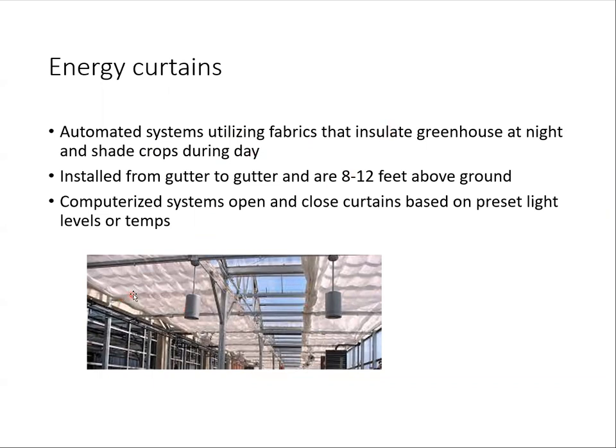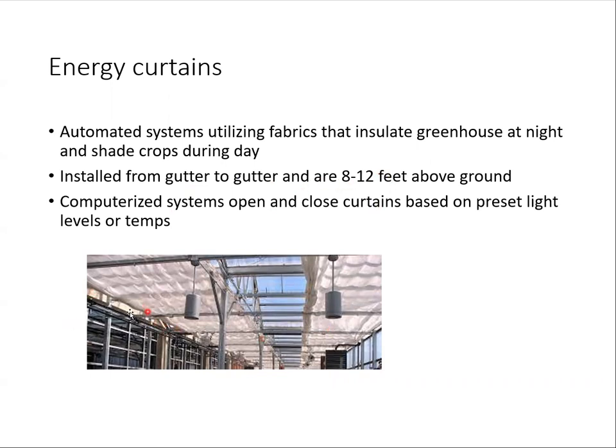So when it gets dark, they can roll out these energy curtains, and it will insulate that crop at night, which will reduce your heating costs. You can also utilize these to shade crops during the day, as typically these energy curtains are somewhat translucent. They're installed from gutter to gutter and are 8 to 12 feet above the ground.